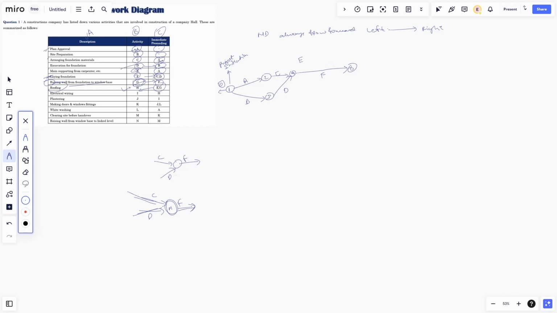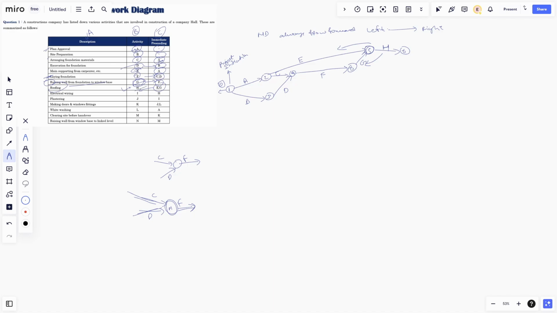Now from here we have a task like this. Now I will mark like this. So this is task G. G and E have a common node, and from here I can mark task H. So that means H, having two dependencies, has a single node connection. Okay, so this is also done.